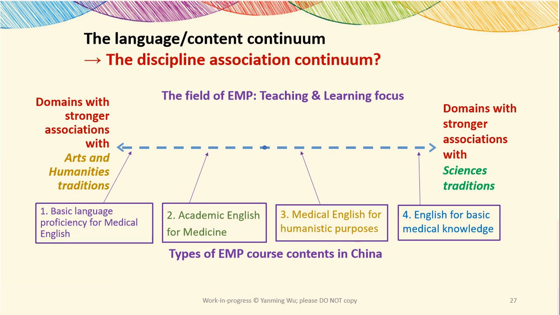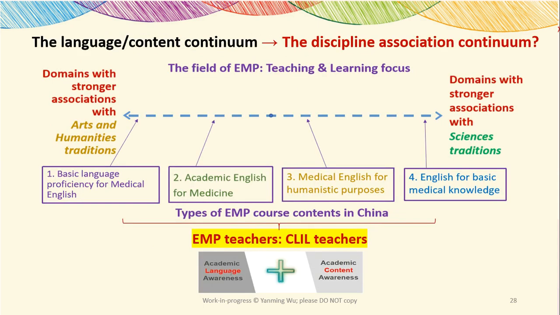Seeing these contents in this way, and also given that the EMP teachers will need to teach these various contents at different universities or to different grades of students, we could say that EMP teachers in China are arguably CLIL teachers integrating content and language, covering a spectrum of course contents and also requiring a spectrum of competences along the continuum between arts and humanities traditions and science traditions.